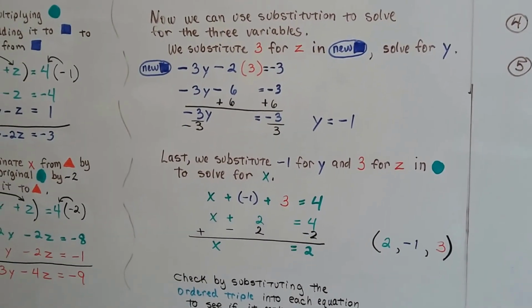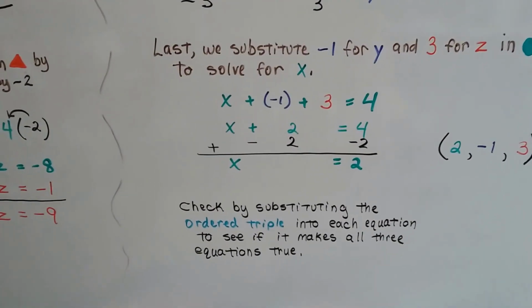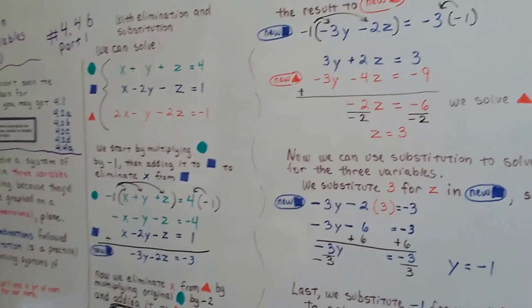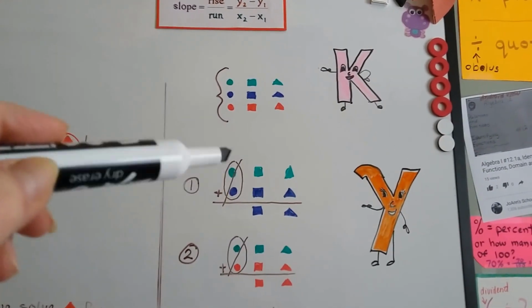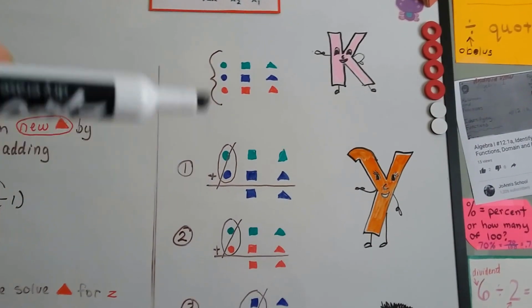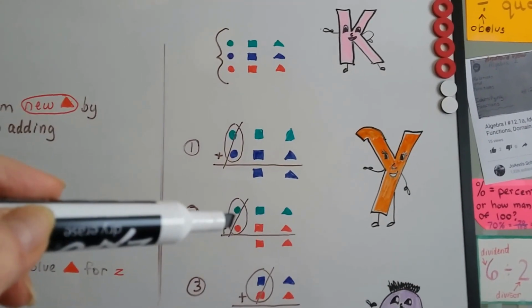See? We can check by substituting the ordered triple into each of the original equations to see if it makes all of these true. All right? So one more time, what we did was we took the first two equations and eliminated a variable. Then we took the first one and the third one and eliminated the same variable.